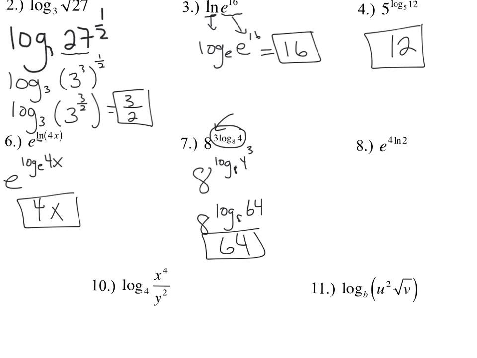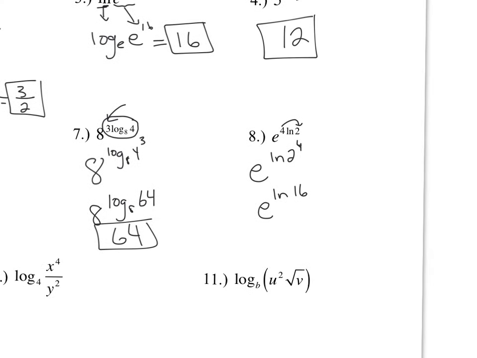And number 8, again, pretty similar. You're going to take the 4 and move it up as an exponent. So you'd have 2 to the 4th power, and 2 to the 4th power is 16. And remember that if you have a natural log, that's a log base e.